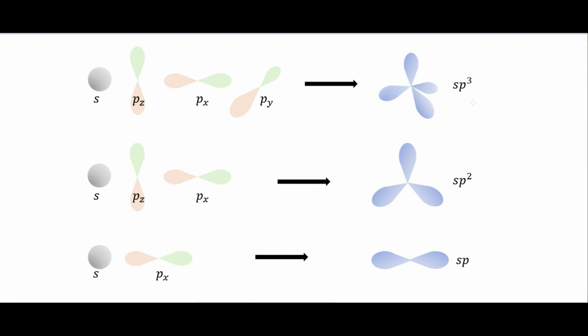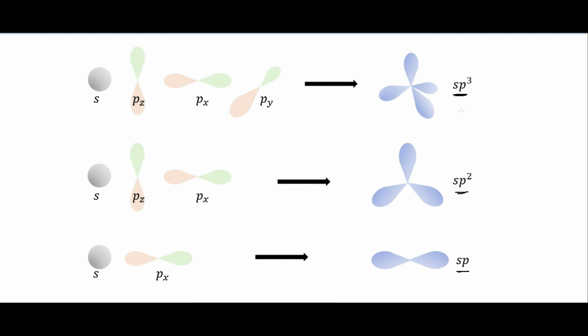And so what we'll see on carbons in particular is sp3, sp2, and sp hybridization, where sp3 is when our carbon is bound to four other things, sp2 when it's bound to three, and sp when it's bound to two other things.